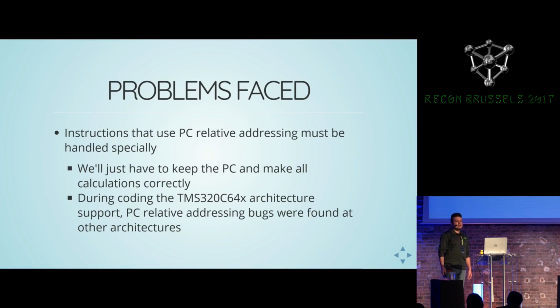Instructions with PC relative addressing must be handled specially. It's pretty difficult. You must always keep the program counter, make the calculations correctly. While I was coding support for this architecture, I found several bugs in other architectures that didn't implement PC relative addressing correctly.